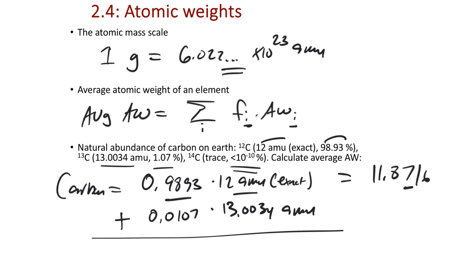And then I'm going to do 0.0107 times 13.0034. So this mass here is 0.139. Let me do a better job of lining this up. 13913.